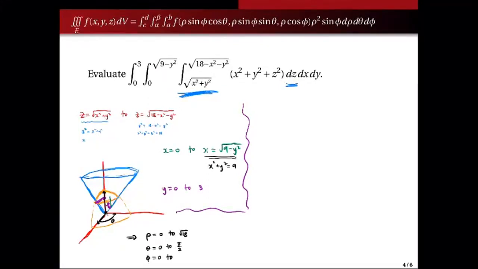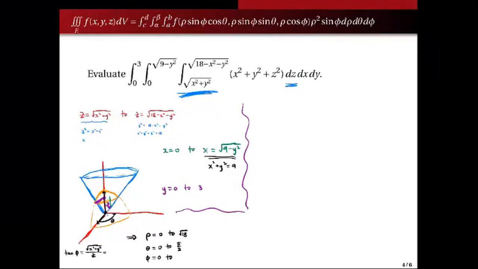But this part here, we can use the conversion tangent phi equals square root of x squared plus y squared over z. But our z, that's the portion of our cone. Our z is square root of x squared plus y squared also.